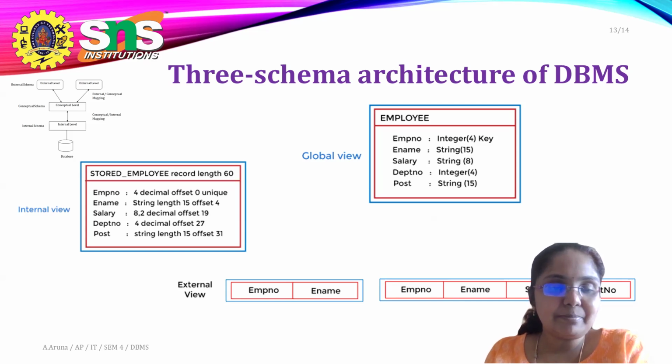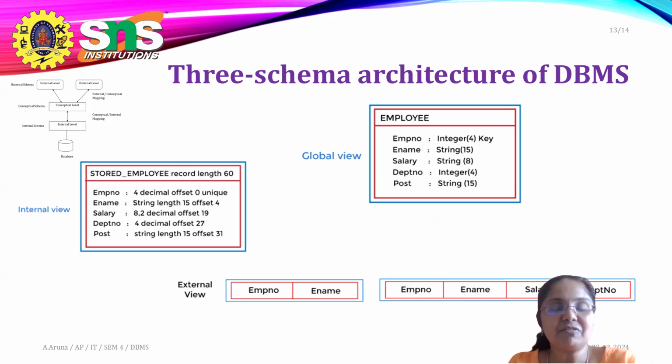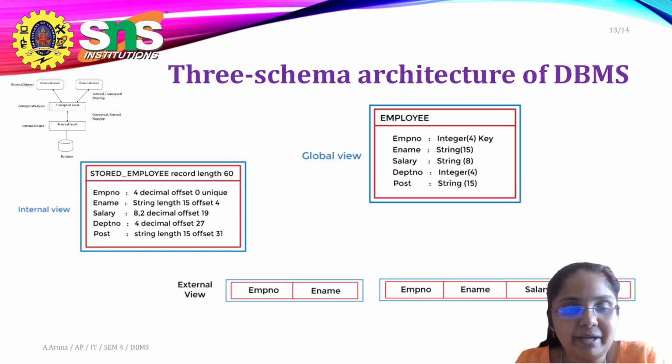Salary is a decimal of 8.2, so after the decimal point it will definitely have 2 digits. We say decimal because it is a floating point representation, and all the salaries are of floating type. So it can represent an exact number of 8 digits, and after the decimal it must contain 2 digits. Department number is a decimal of size 4, and no decimal point is needed. Post is a string, generally with a length of up to 50.